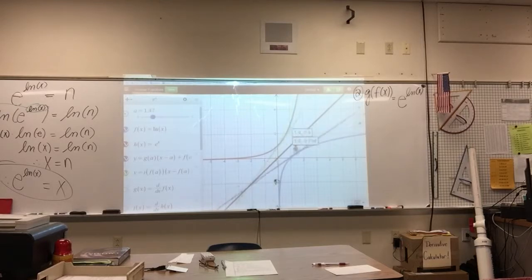Now the slope of e to the x is e to the x, remember? That's the red one. So that's why these are always the same. But the slopes for the natural log are 1/x. So what's the reciprocal of 2.32?